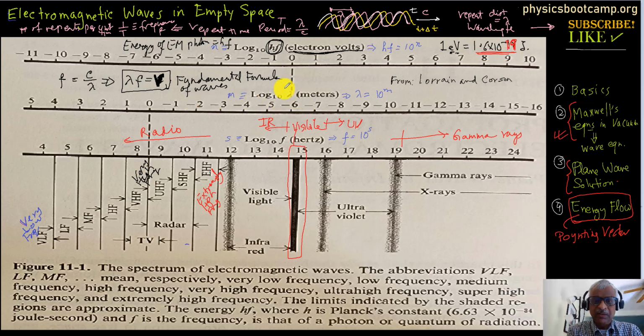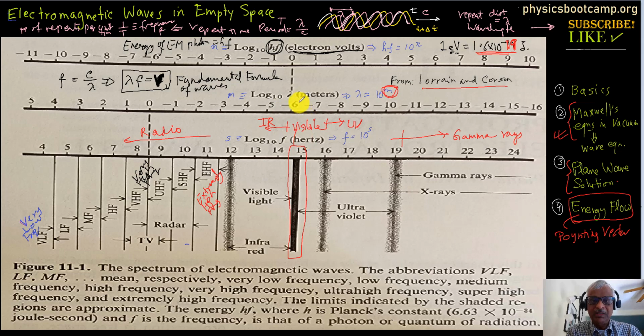This is a really nice way of looking at it, coming from Loren and Carson. I found this to be a very nice way of writing things. Instead of writing actual values, you write 10 to the power, just the power, and you display it in this exponent.